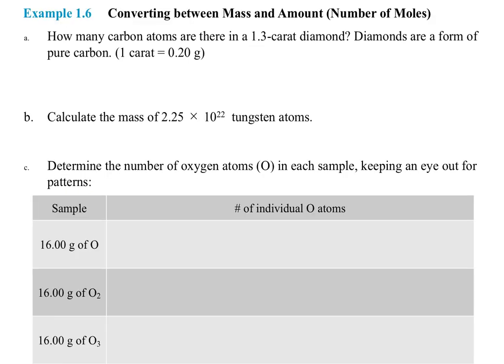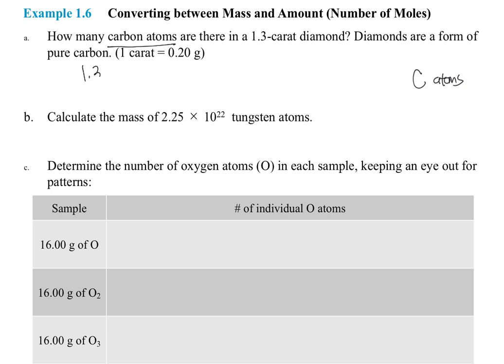So now we're just going to do a little bit more practice with this. Again, going from grams to atoms or atoms to grams. So more practice going between these 3 different units. So here it wants to know how many carbon atoms, so immediately I can put that there, are in 1.3 carat diamond.